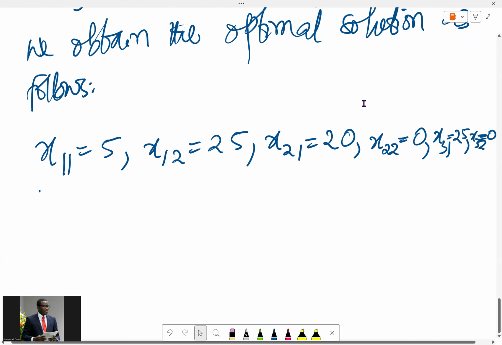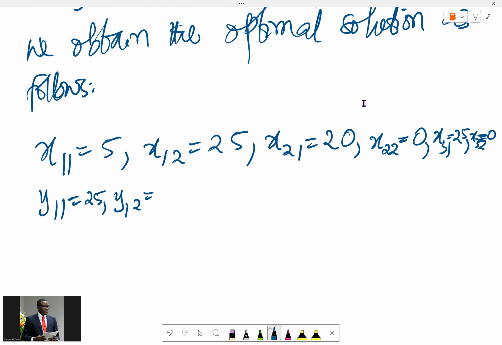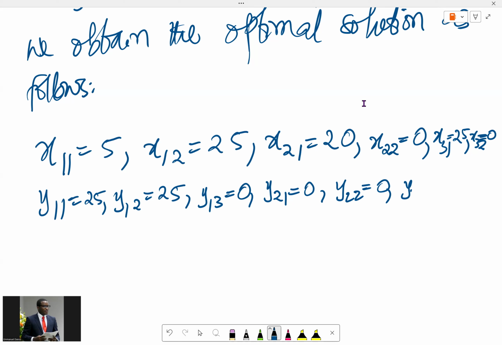Then we now have y11 to be 25, y12 is also 25, y13 is equal to 0, y21 is equal to 0, y22 is 0, and y23 is equal to 25.